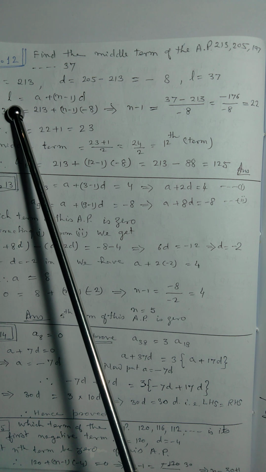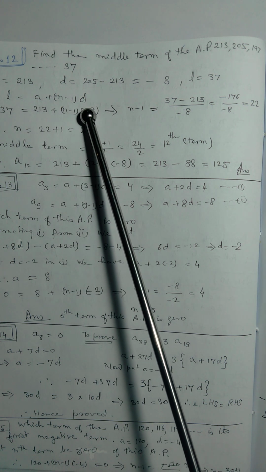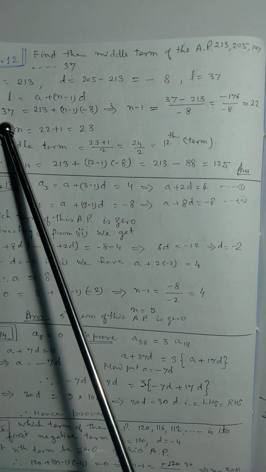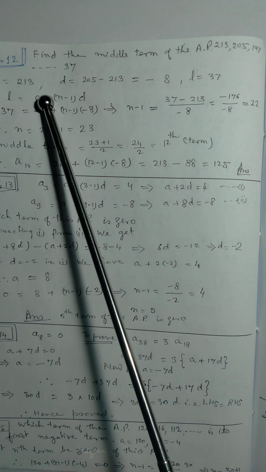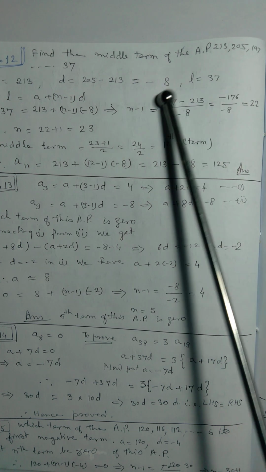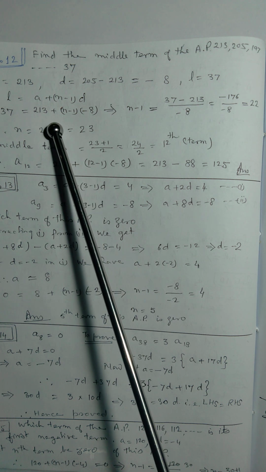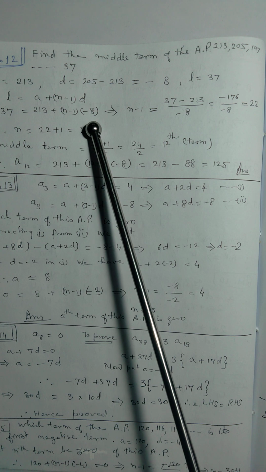So the formula for the last term is a plus n minus 1 into d. In place of L, the last term, I have written 37. For a, I have written 213, plus n minus 1 into minus 8, where minus 8 is the common difference.